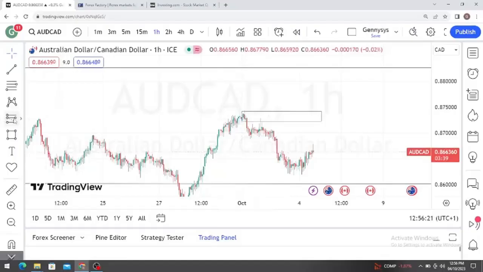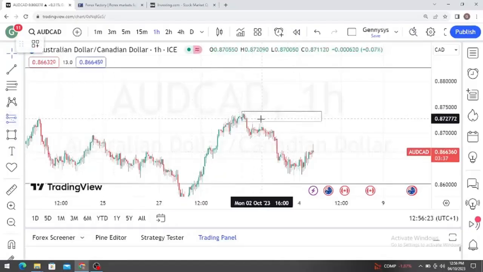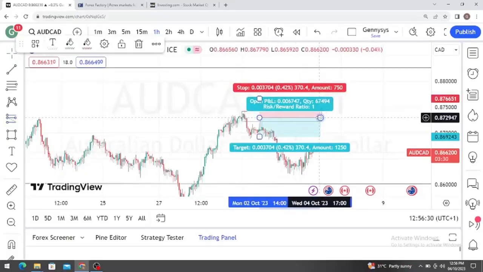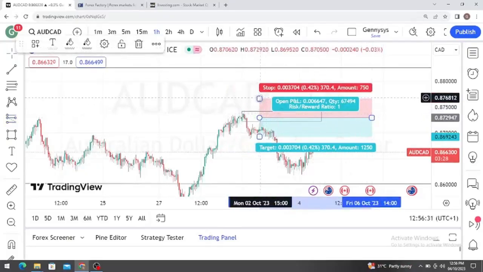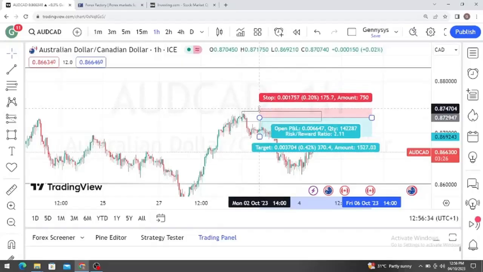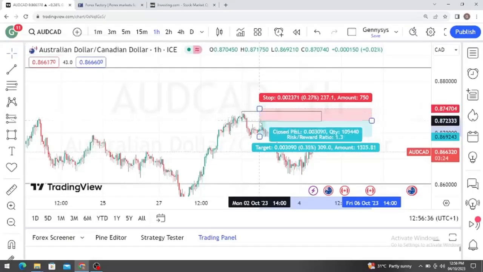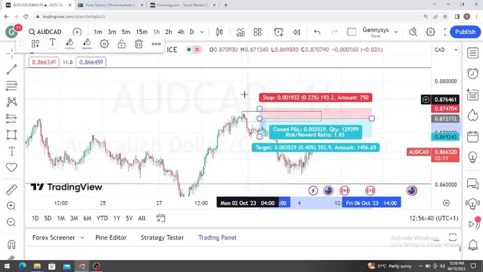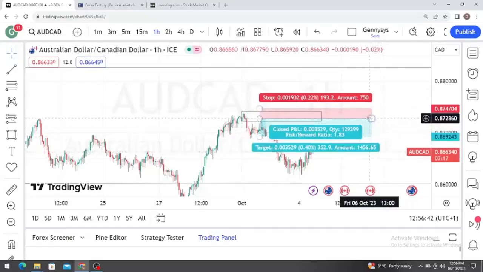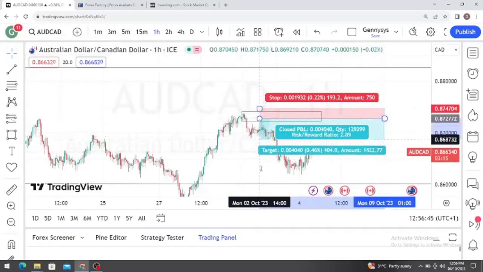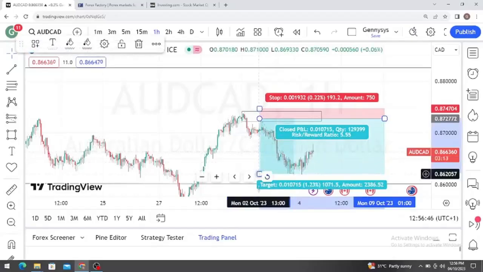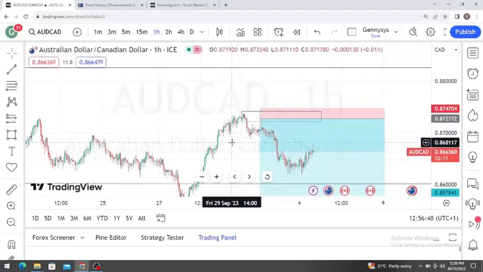If I had seen this earlier, entry would have been somewhere around here, with the stop loss above the wick of the candle that did the liquidity sweep. That would have been one way to play it.